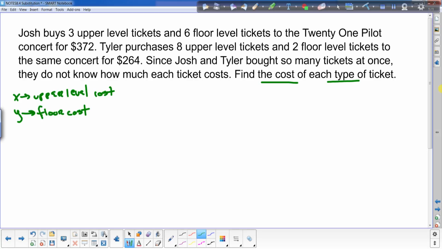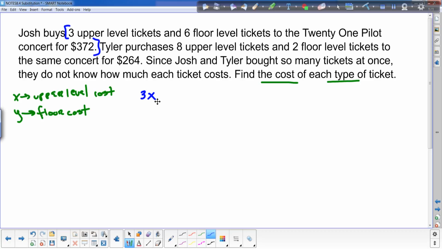Alright. So let's read about Josh. Josh buys 3 upper level and 6 lower level for a total of $372. Well, to find my total cost, it would just be 3 times the cost of each upper level ticket.